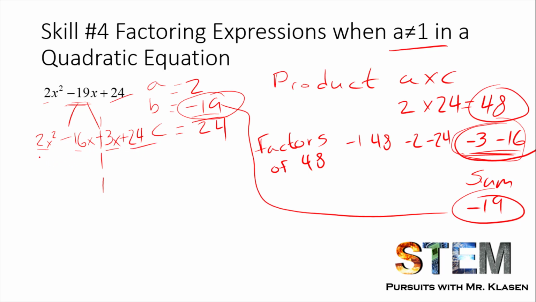More specifically, we can split this and find the greatest common factor between 2x squared minus 16x. I see that 2x can be pulled out of each one of these. So I'm going to say 2x, and what's left from 2x squared is x. I'm pulling out a common factor of 2x, and I would have to multiply 2x by negative 8 to get negative 16x.